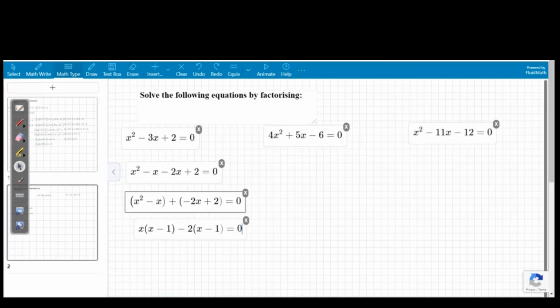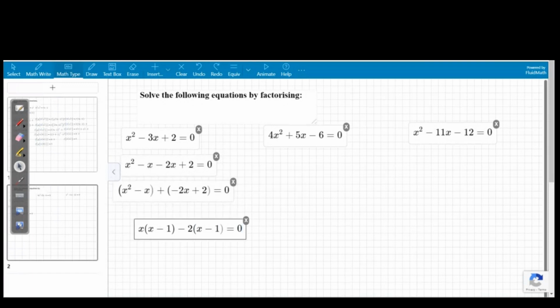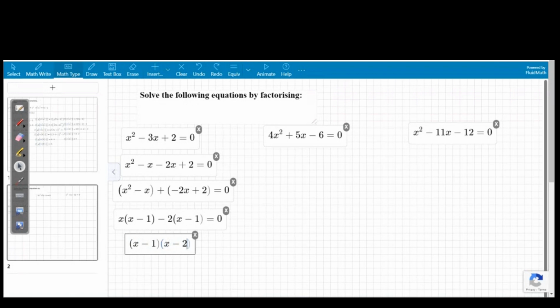Now we have x minus 1 in both, so we could factorize x minus 1 out, then we'll have x minus 2.